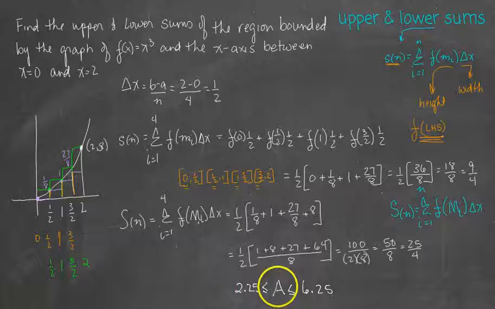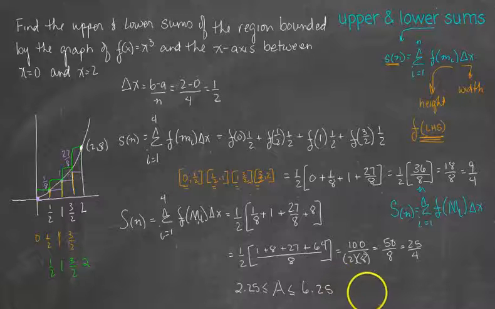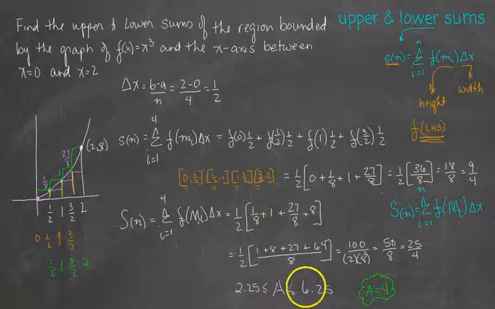So the actual area under this curve is somewhere between these two values. I happen to know, because I've already calculated it, that the actual area equals 4. And 4 is definitely between 2.25 and 6.25.